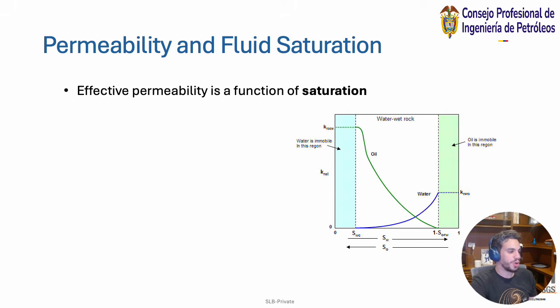And this diagram is showing that here on the left side you have the irreducible water region, on the right side you have the residual oil region, and in between, when it's a water wet rock, you have the relative permeabilities of the oil and the water, right?